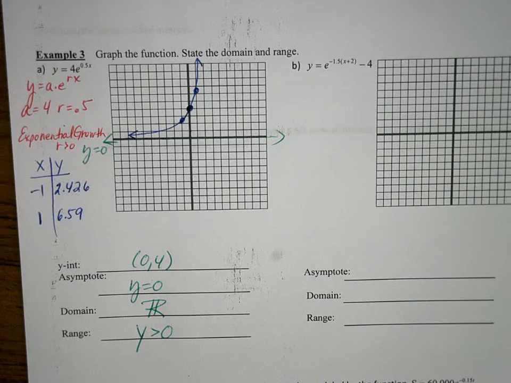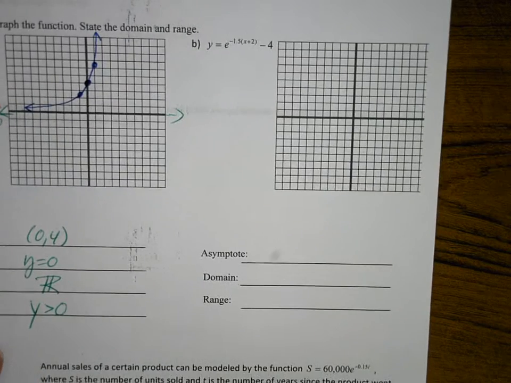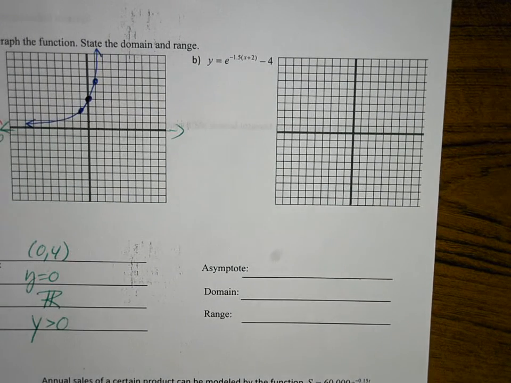All right, let's take a look at B. What is going on now here? What are we adding on to the situation in B? All right, we got an h and a k, and what do those h and k values do to this graph? They shift it left and right and up and down. Now, the first thing I want you to do is find the parent function.